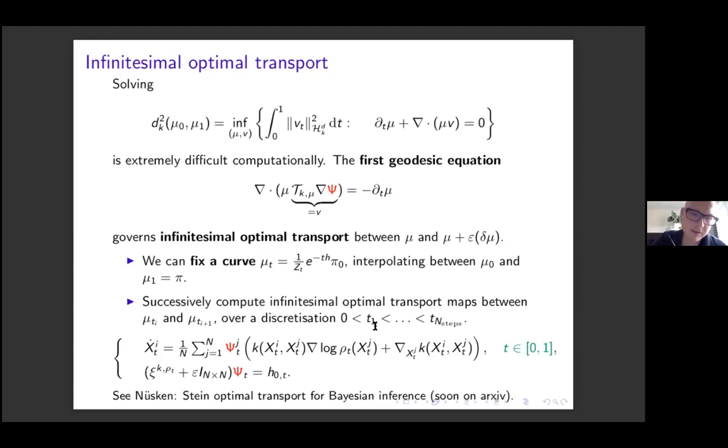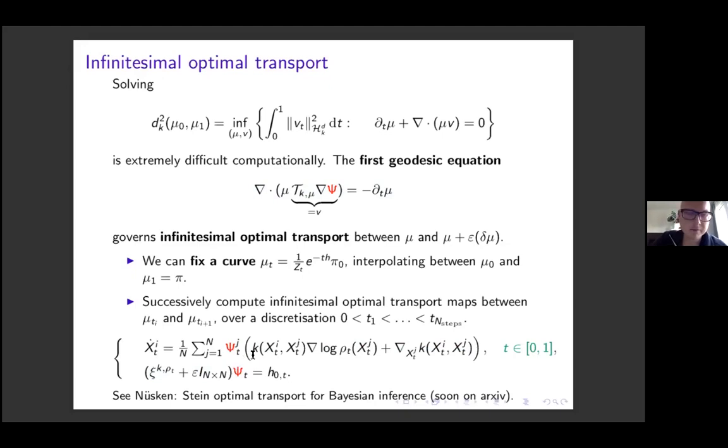But then, between these measures mu t_i and mu t_{i+1} that arise through this interpolation, if you discretize the time interval, then you can go about solving this equation numerically. And this is then what will come out in the end. The second equation is a discretized version of this equation. As I said, this will become an integral operator, and this corresponds to this matrix here. And you can solve for this psi.